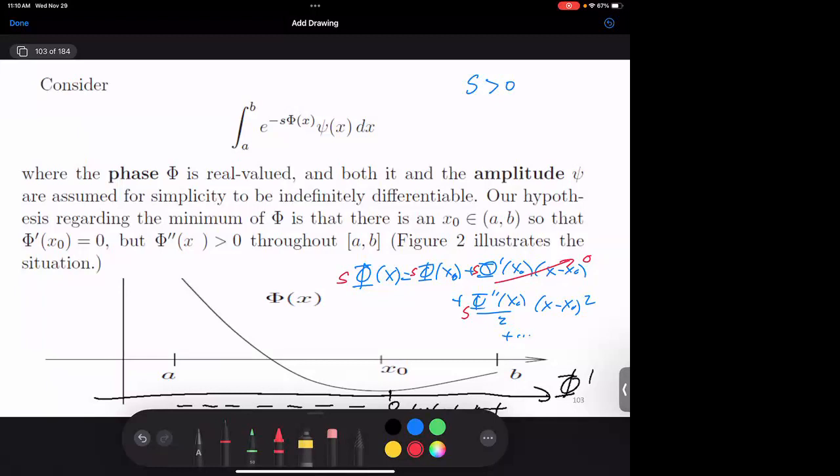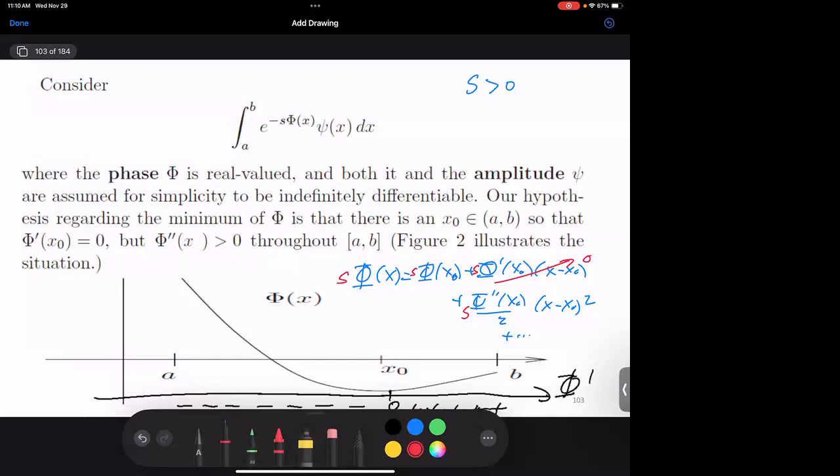Any thoughts about roughly how much can x move from x naught? So if it moves by 1 over s, then that would give me a 1 over s squared from this difference, times s, would give me a 1 over s. That's such a small change that I don't think I'd be able to detect it. So I would agree that if I move 1 over s, I'm not going to really see much.